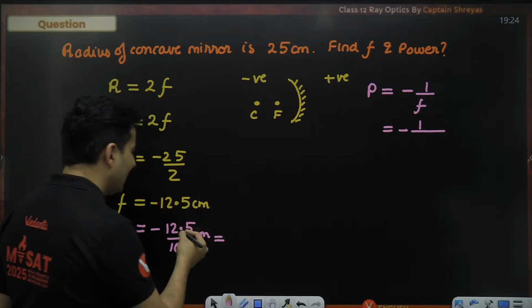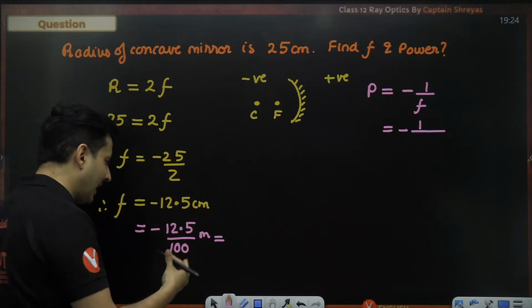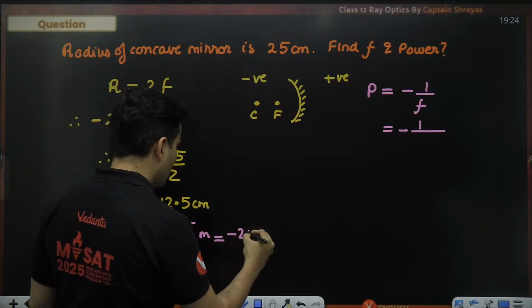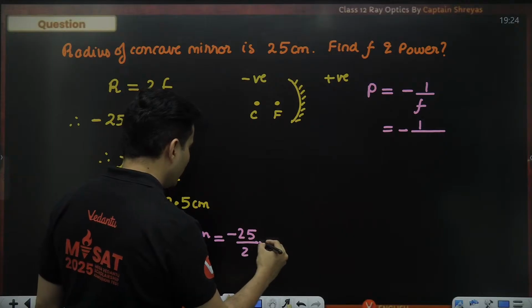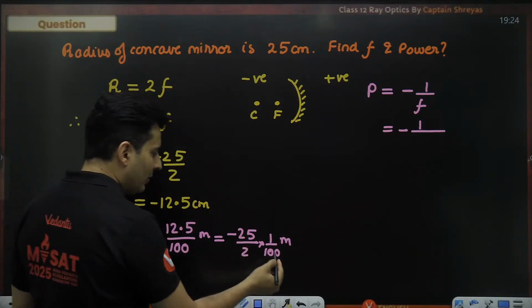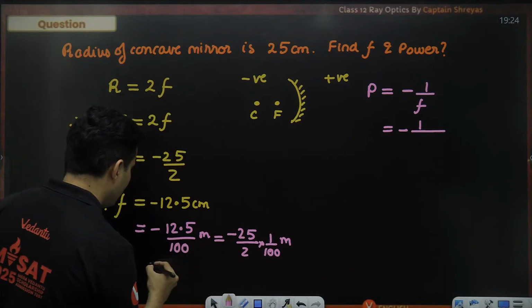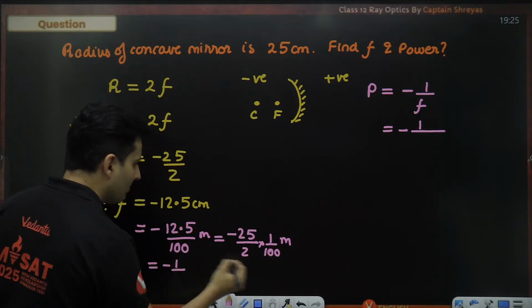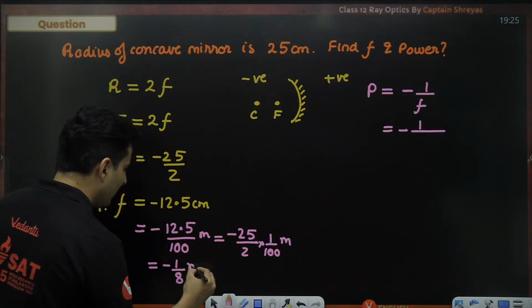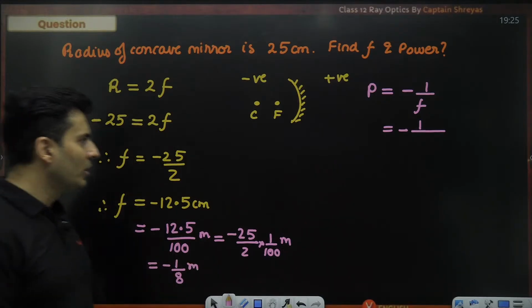But I don't like that number 12.5 because I want fractions over there. So I can write it as minus 25 by 2 into 1 by 100 meters. It looks great. 25 goes into 100 4 times, and 4 2s are 8. So minus 1 by 8 meters. This looks good to me.